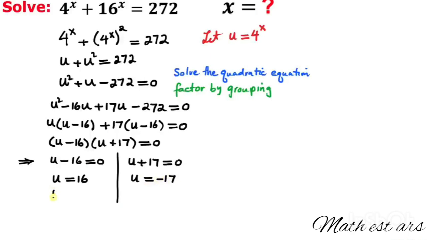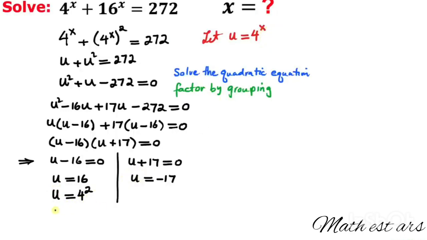Now u could also be written as 4^2. But we know that u equals 4^x in the first place. So let's replace u by 4^x in both.